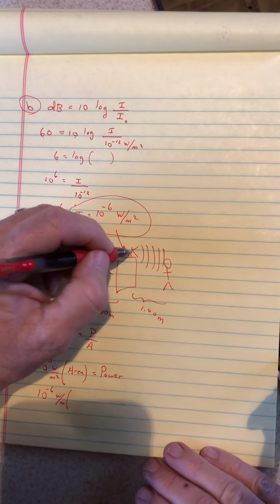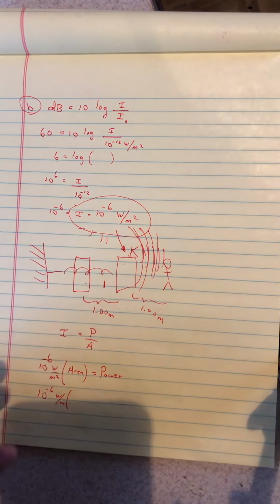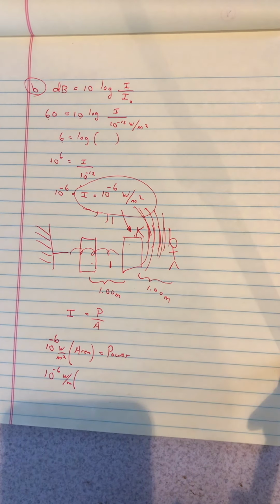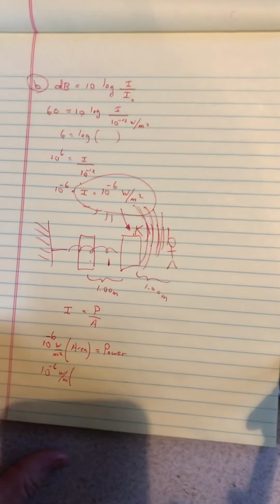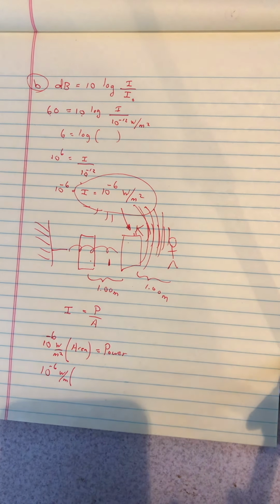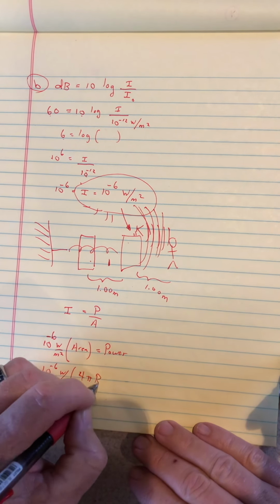In our case, with our sound coming out, they don't say anything about how the sound is directed out of the speaker. So I'm going to go with the idea that it's uniform, or isotropic is the fancy word, in every direction. And so it'll be spread out on the surface of a sphere.